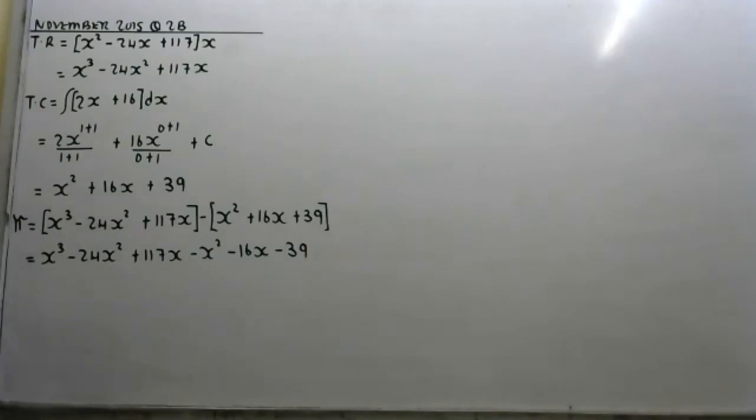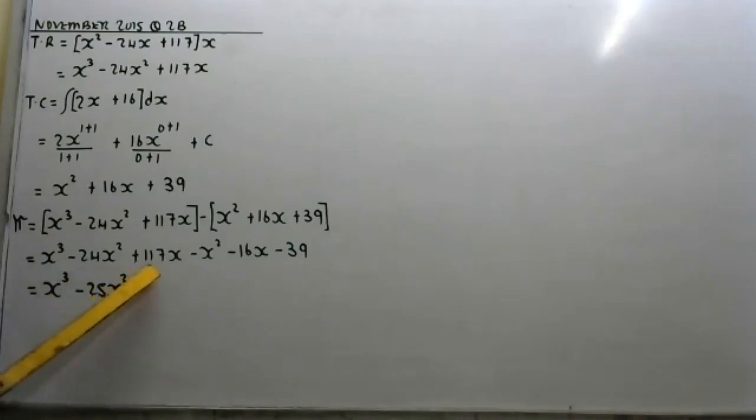Put like terms together. This cube has no colleague, so it remains as x cubed. This 24 joins this one, so that we have minus 25x squared.